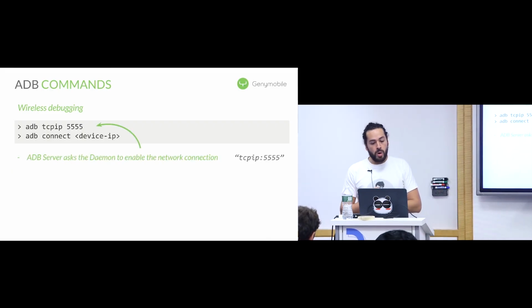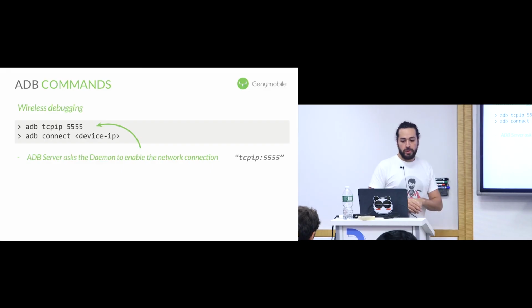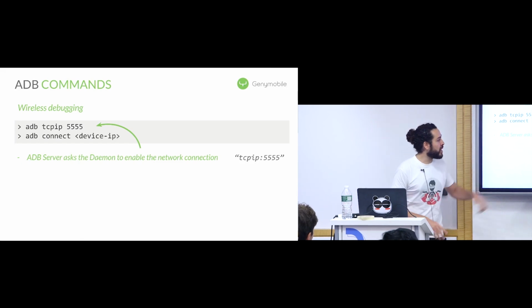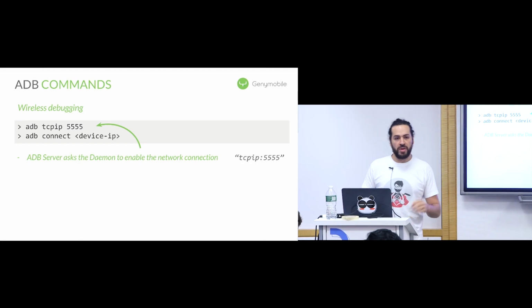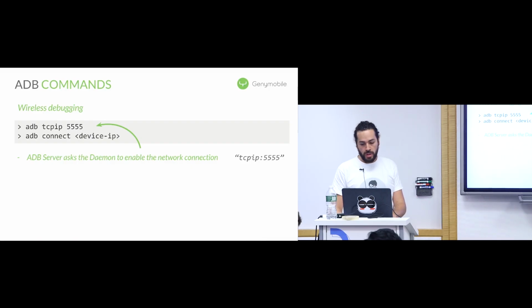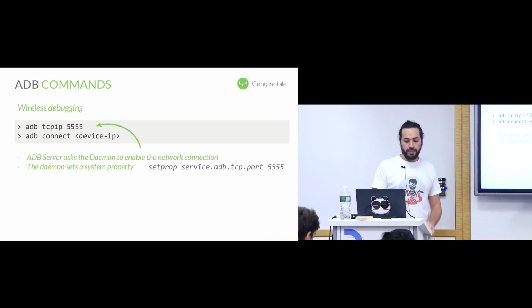So what is this command really doing? First, the ADB server will ask the daemon to enable the network connection. It will do it by sending this message, tcpip:5555. 5555 is the port you enter in your command.